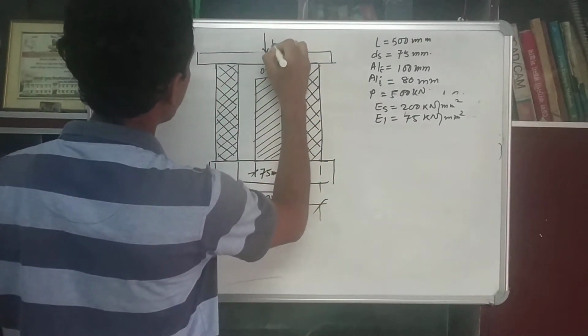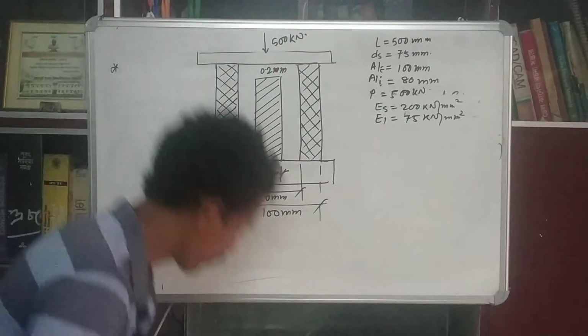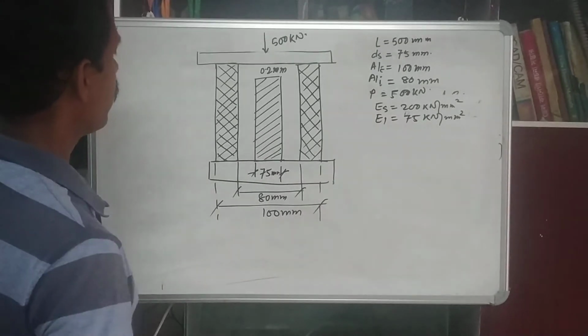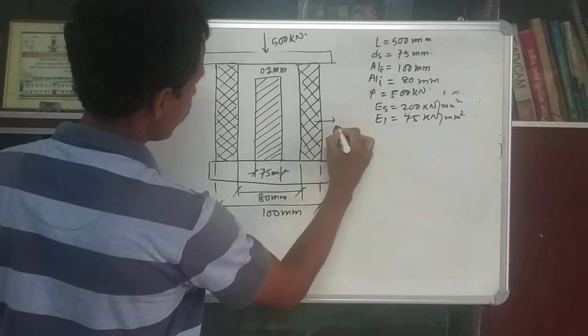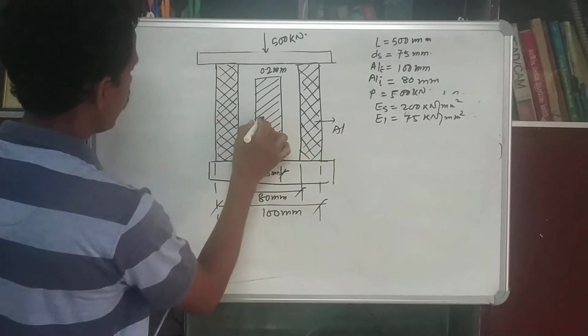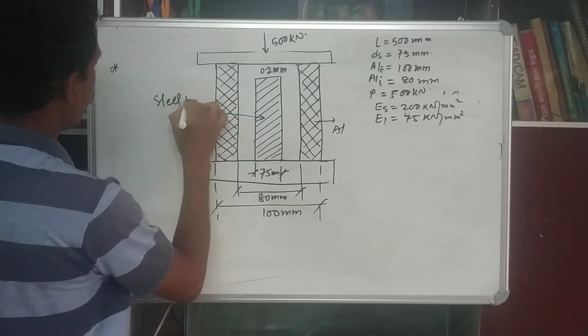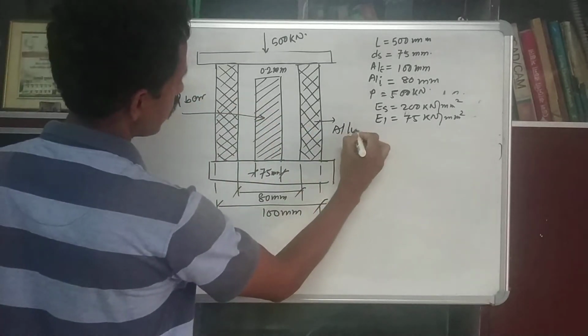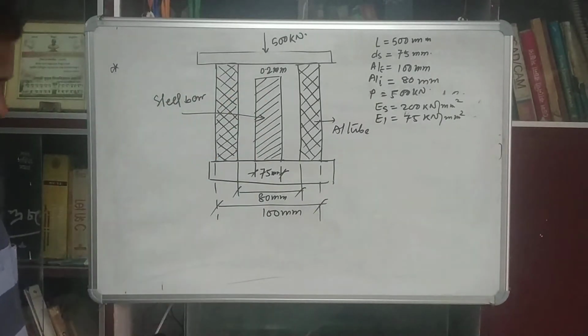That load was 500 kilonewton. Now we have the aluminium tube and the steel bar. That is the question.